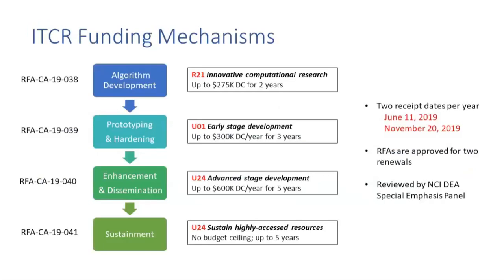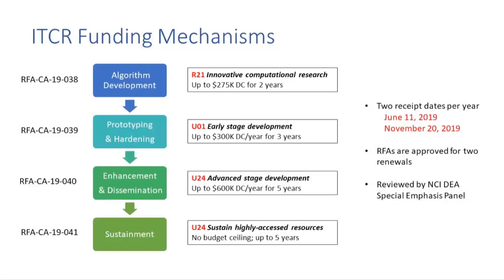The technology development supported through ITCR is supported through four funding opportunity announcements that roughly follow the life cycle of informatics technology development. This includes an R21 mechanism that supports algorithm development and other innovative computational research. A U01 mechanism supports early stage technology development, and that's defined as the prototyping and early hardening stage.